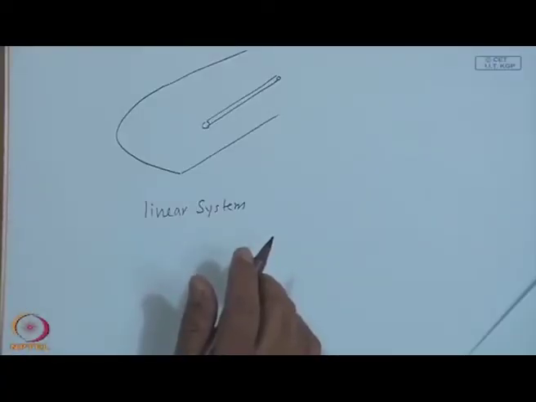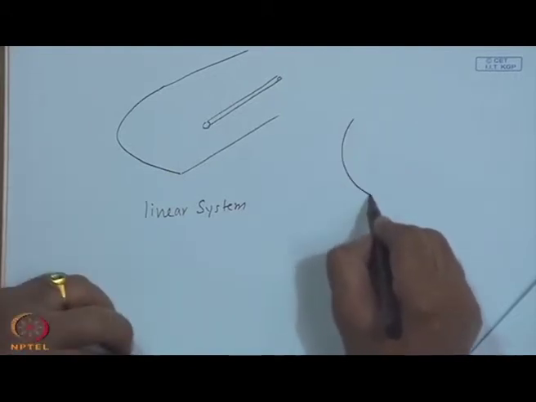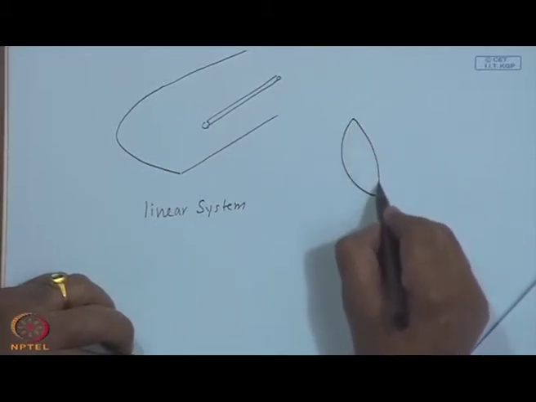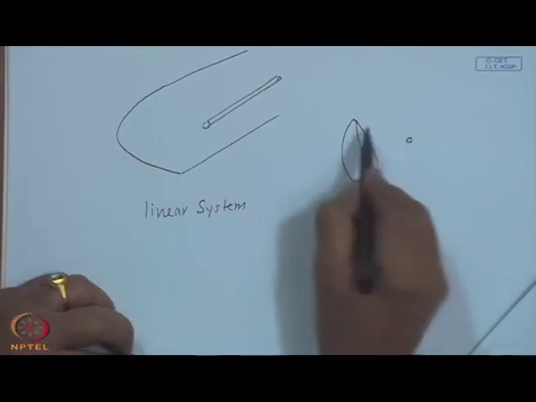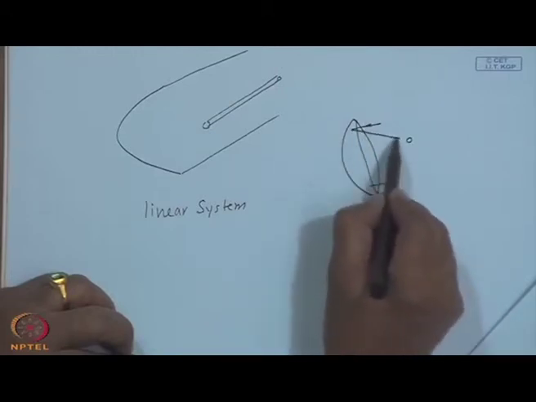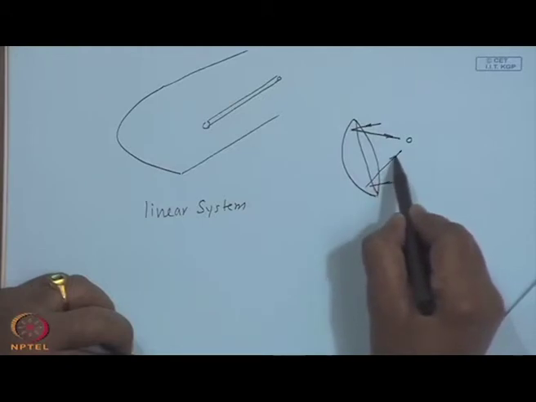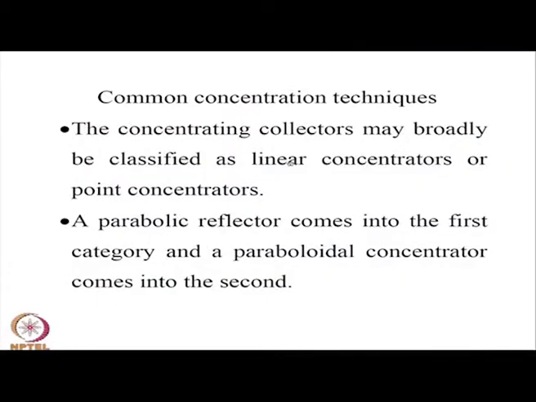So, the parabolic reflector comes into the first category and the paraboloidal in the second category. This in principle is a point, though that point is finite, the sun casting a finite disk size, and you can't have anything smaller than a particular size by virtue of the sun subtending an angle of 27 minutes at the earth surface.